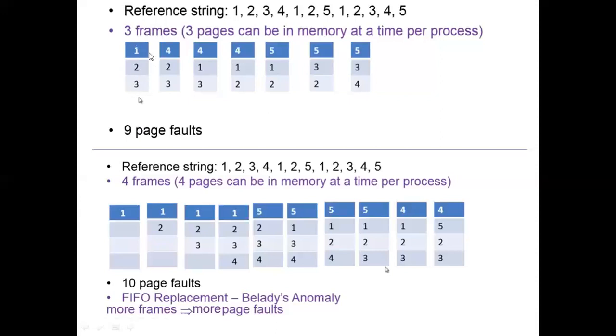So you would already have 3 page faults for the first 3 pages. So basically there would be 9 page faults for this particular thing. I'll show it over here. There are 9 page faults if there are 3 frames.